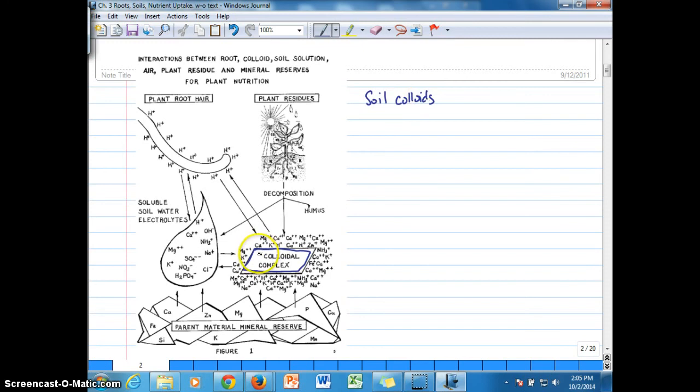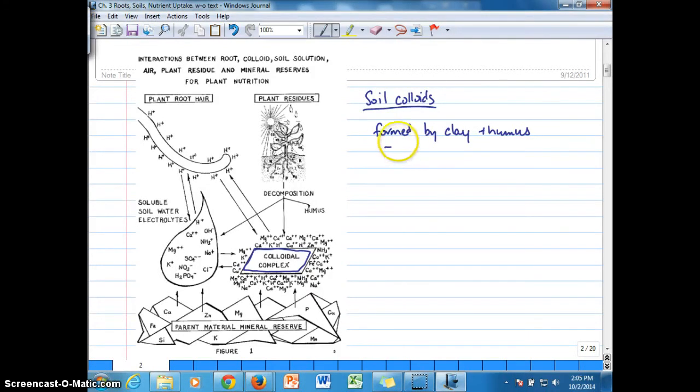And these colloids are formed. They're sort of like a unit of soil structure. So they're formed by the combination of clay plus humus. And basically, as we remember, the clay has a very small diameter structure, and humus can too, actually.